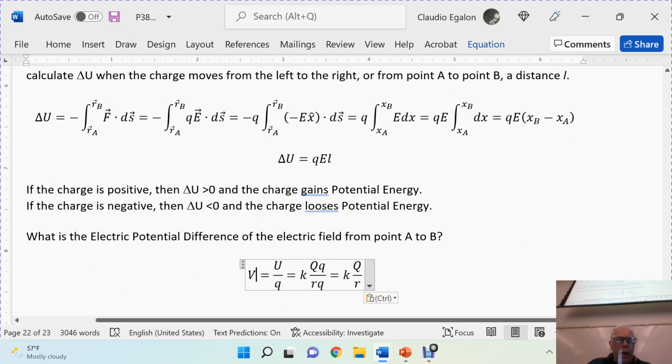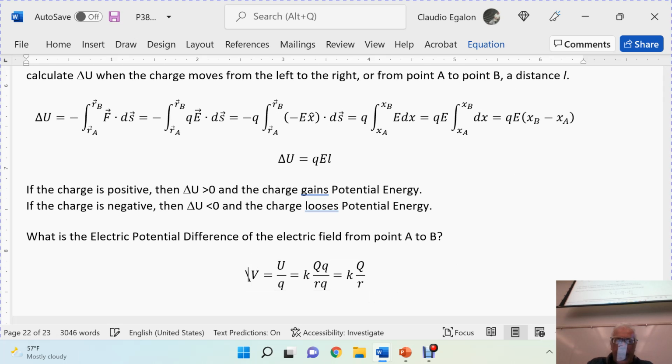We can write down, not only V is equal to U over Q, but delta V is equal to delta U over Q.